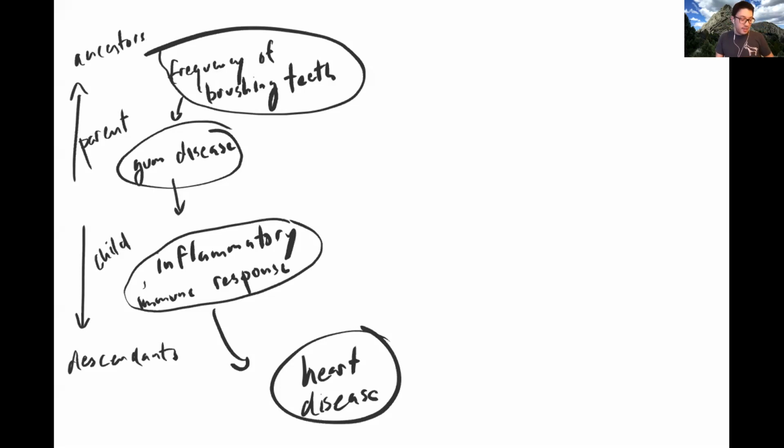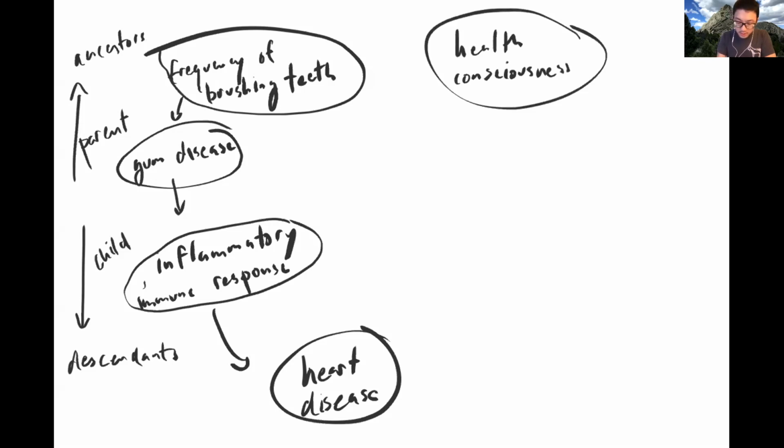Okay, so in this causal model, let's introduce a couple other things. Health consciousness. The more healthy you are, the more frequently you might be brushing your teeth.